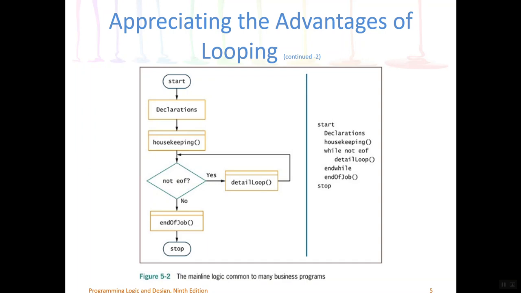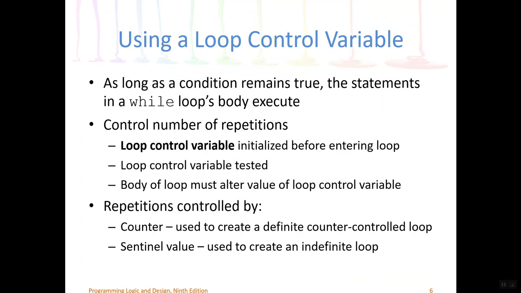Detail loop contains the steps that we want to perform while that test is true. Eventually, we're going to loop back around and the test will evaluate to false, at which point, our textbook author is showing us we might want to do some wrap-up activities, and those are represented in the end of job. For example, going back to our database connection, this could be where we close our connection to the database.